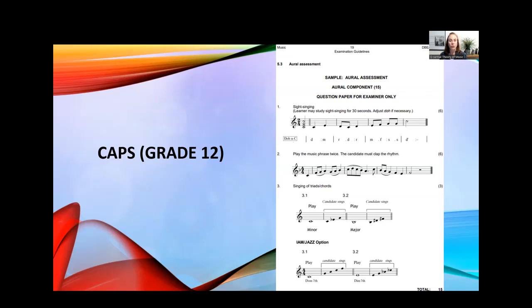They must be able to identify and sing a minor and a major triad. And then for your indigenous African music and jazz, they must also be able to sing the dominant seventh and the diminished seventh chord, which is really quite difficult.